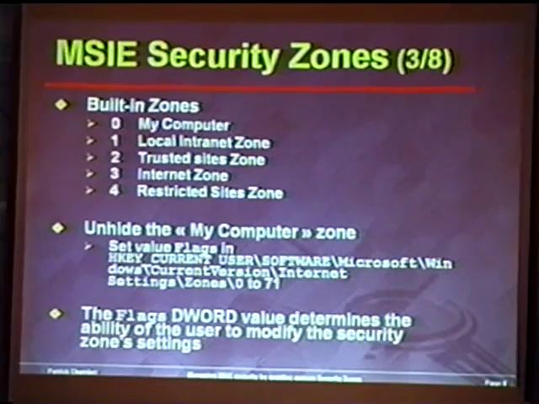You can set the Flags value in the 0 key to 71 decimal. And you're going to see that My Computer becomes visible. Okay. In fact, the Flags keyword determines how users can modify parameters for each zone.